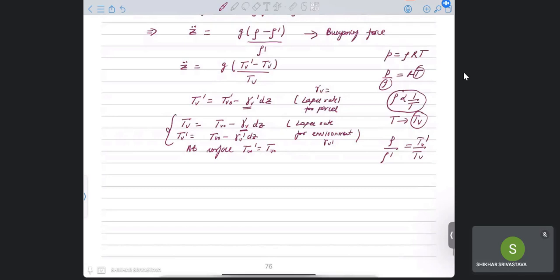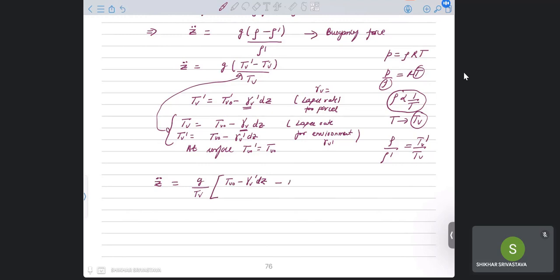Now substitute this back in here. So your Z double prime will be equal to g upon TV times TV prime minus TV. TV prime is TV naught minus gamma V dash dz, minus TV.